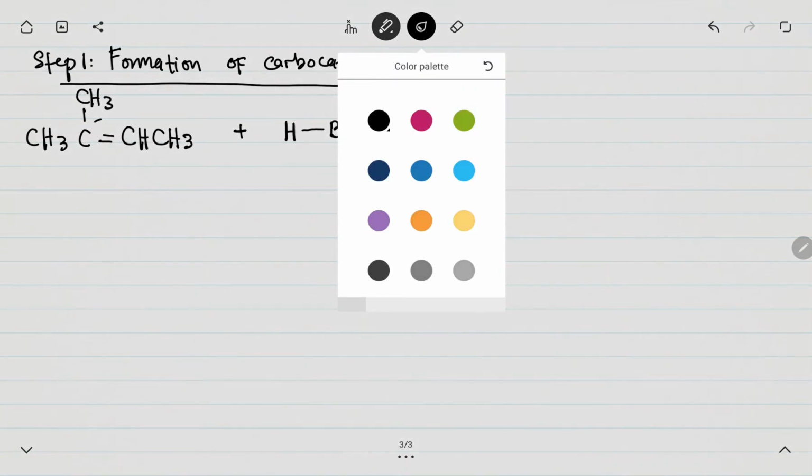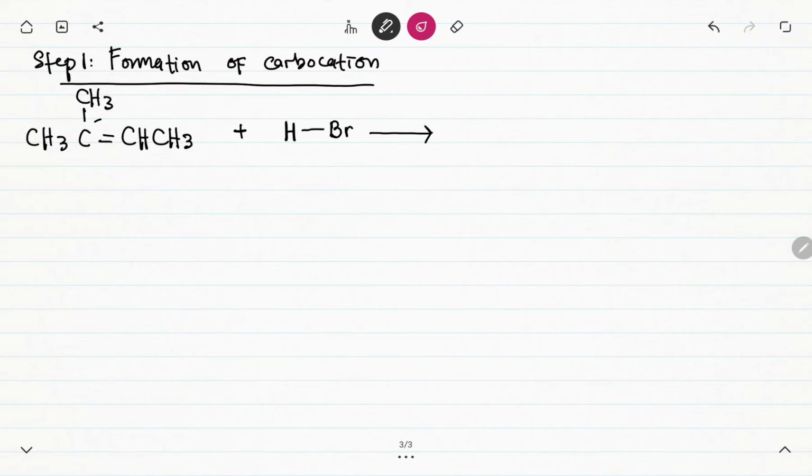So, in the first step, our reactant, which is a carbon-carbon double bond, must be reacted with our reagent HBr. In the mechanism for HBr, you must show the covalent bond between hydrogen and bromine, and we proceed with the mechanism by using a full-headed arrow. Where does the reaction take place?